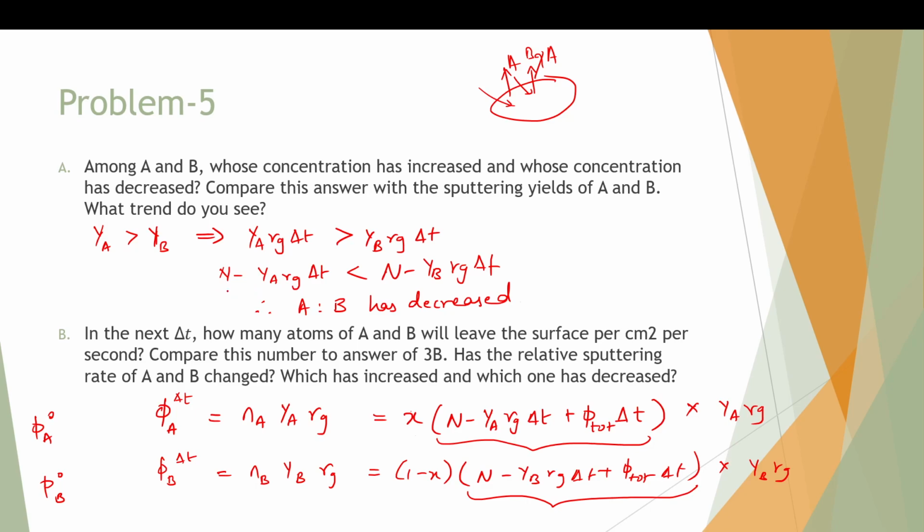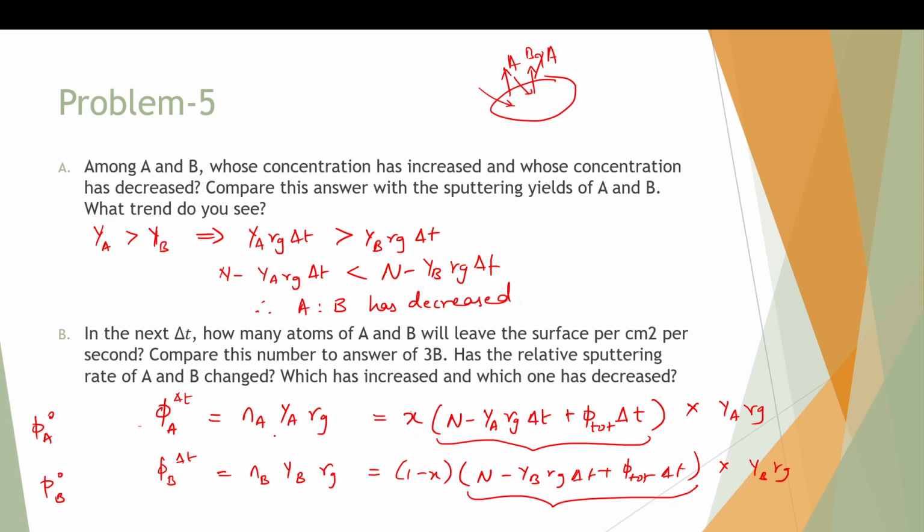Just from the previous question we see that n minus YA RG delta t is less than n minus YB RG delta t. Basically it means that phi A delta t has decreased whereas phi B delta t has increased. So even though YA is higher, relative to the previous case, the phi A in this case would have reduced. Because the number of A atoms on the surface has gone down, phi A will also go down compared to phi B, since the B atoms get accumulated on the surface.